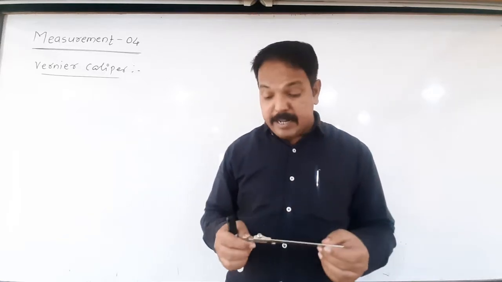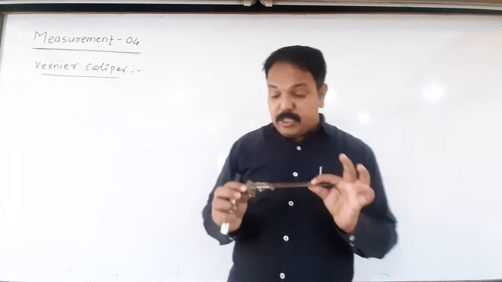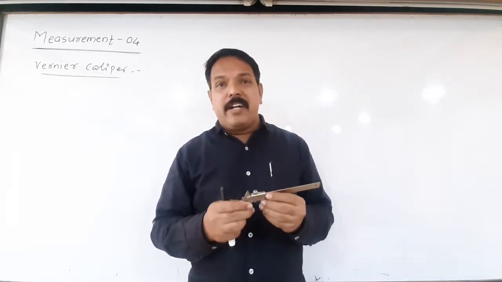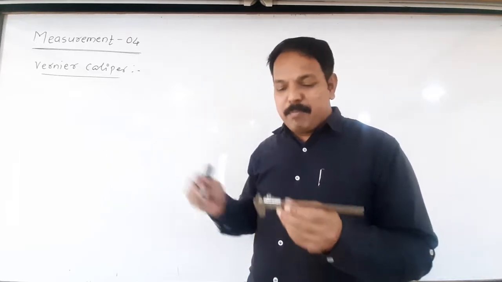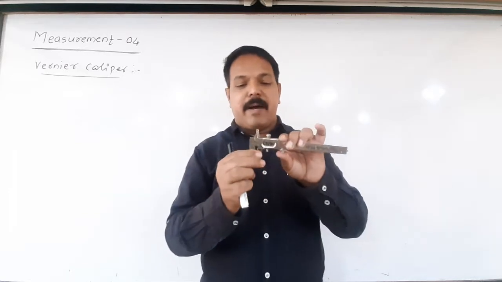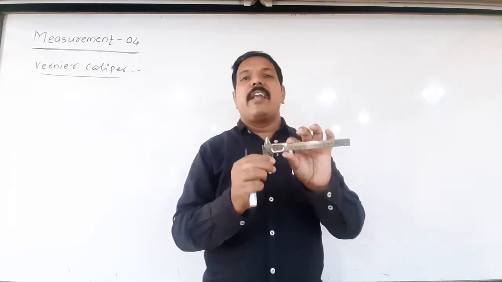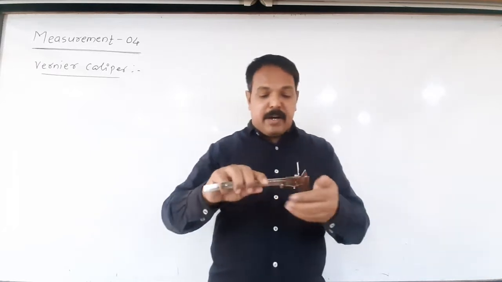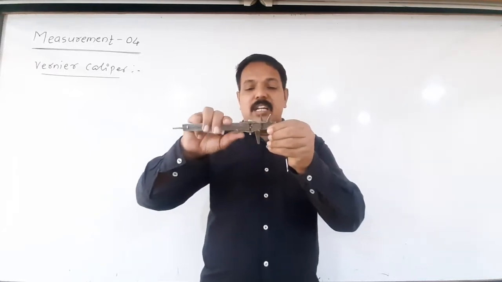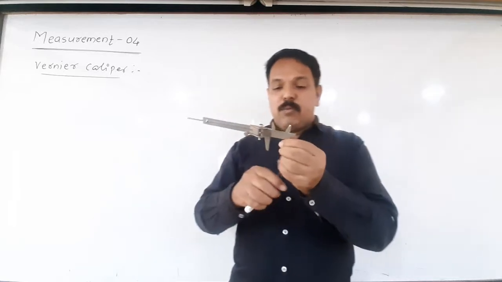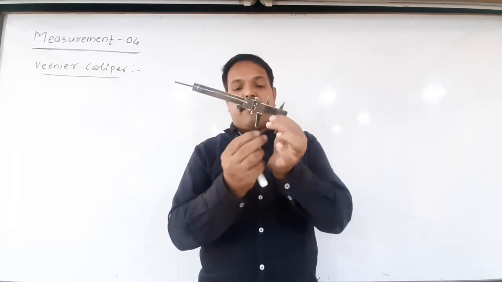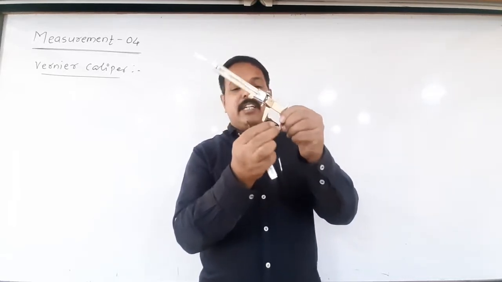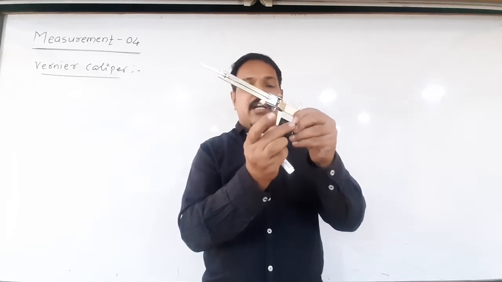So you have to use this device practically and you should know the method of measuring different smaller lengths using the vernier caliper. I think there is no need to draw the figure because the device is in my hand. This is the vernier caliper. Suppose we have to measure the length of this object, then it can be held here in between the jaws.